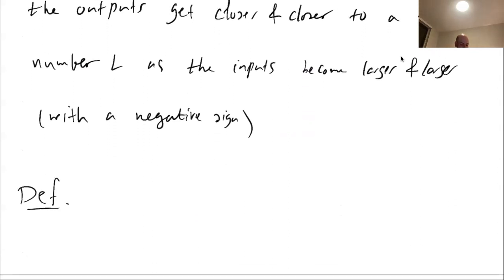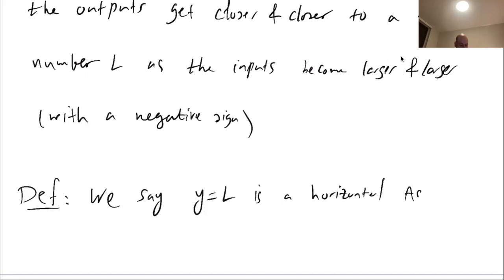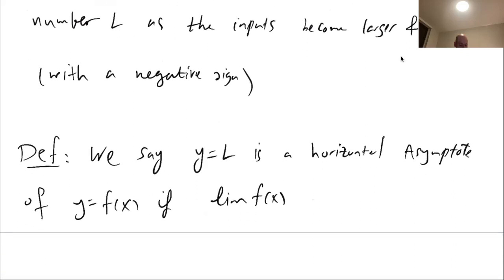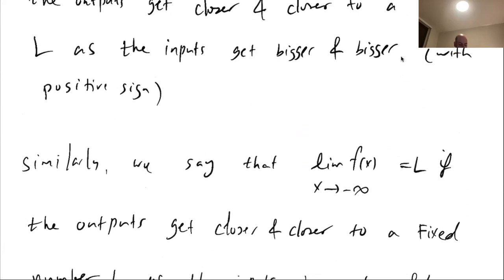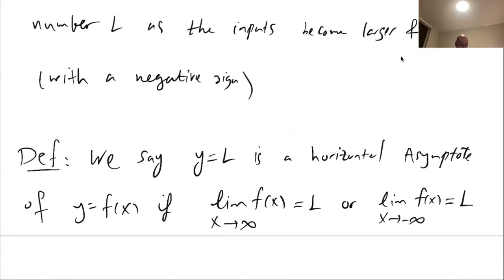So definition: we say y equals L is a horizontal asymptote of y equals f of x if the limit at infinity is L or the limit at minus infinity is L. If either the first thing happens or the second one happens, then we say that y equals L is a horizontal asymptote.